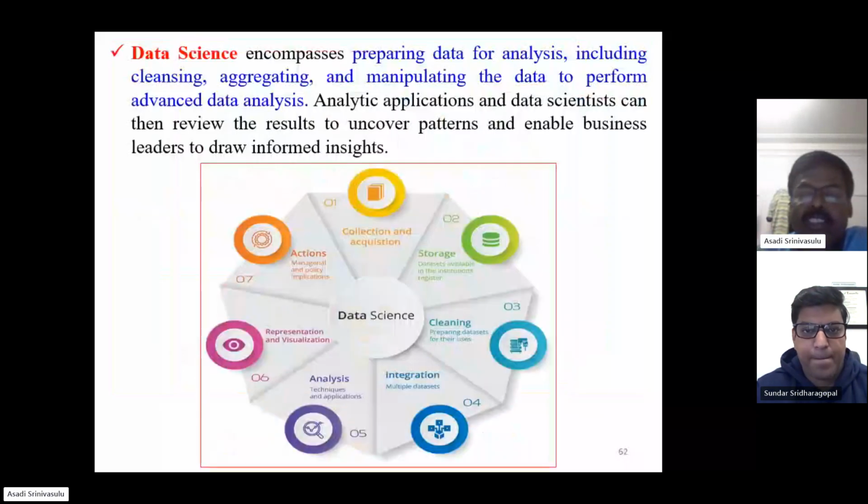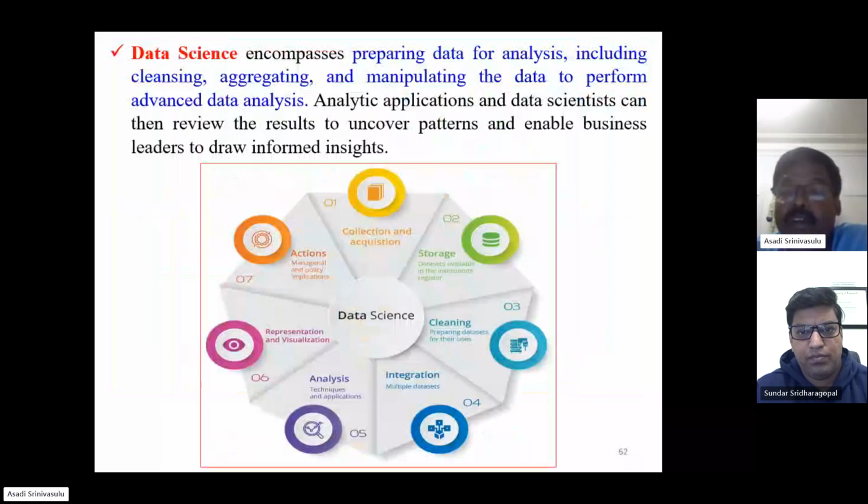So data science has 7 steps. First we are collecting the data, that is called acquisition of data. Then we are storing the data in a system, server and data center. And we are cleaning the data, that means pre-processing the data. That means we are eliminating noisy data, inconsistent data, redundant data, dirty data.